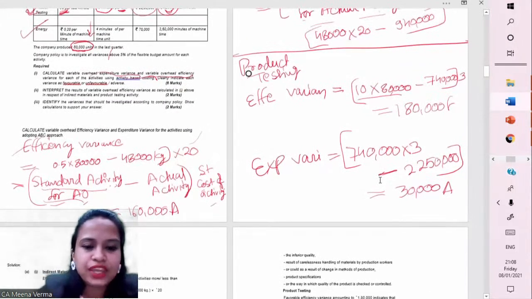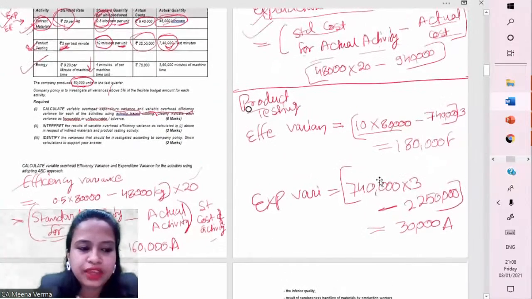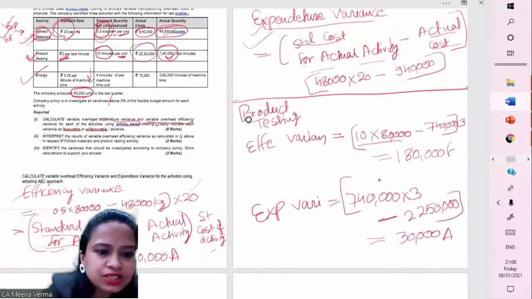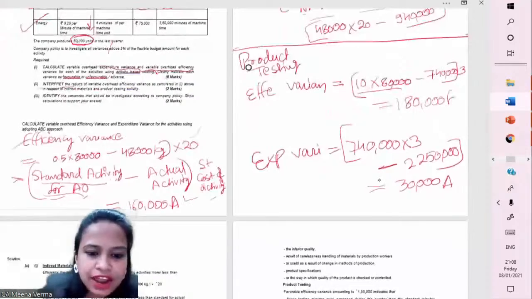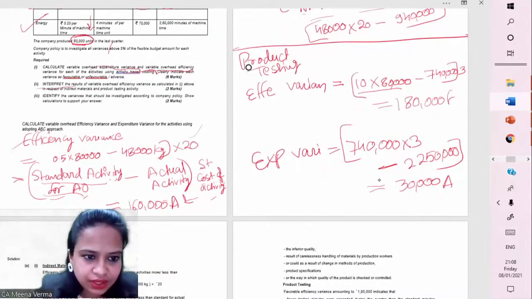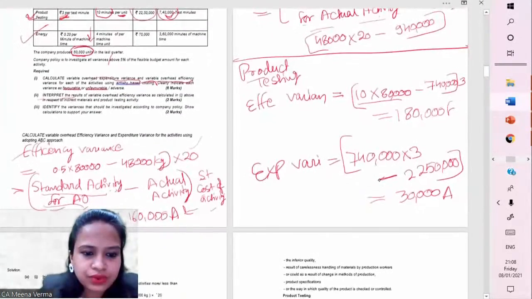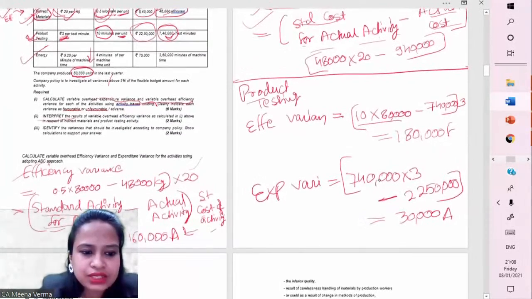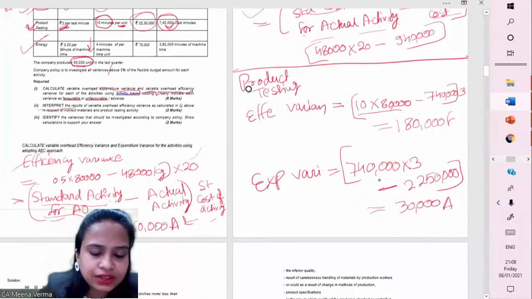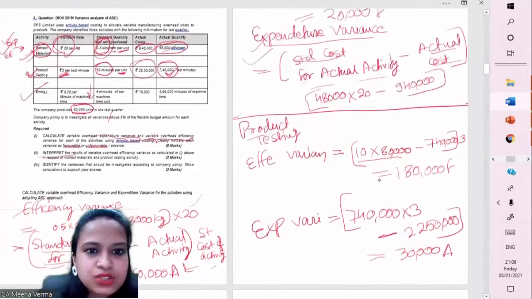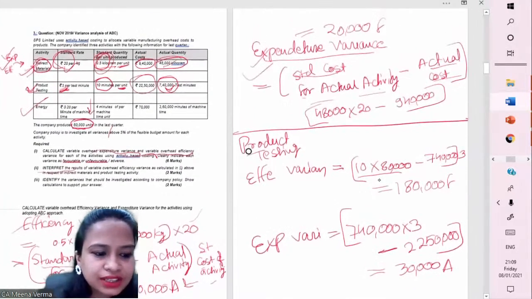So see, if they ask you to comment on it, interpret the result, you can see here you have adverse variance at this place. So why is this variance adverse? Your actual activity is more than your standard activity. Means you are consuming more indirect material than the standard.